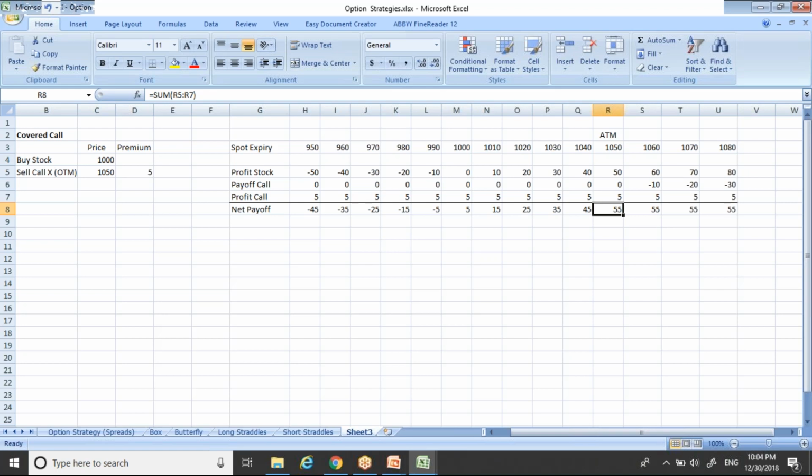So when you sell the call at 1050, price remains below 1050, your call gives you profit because you're selling at 1050. The call buyer will only come when the price will go to 1050, 1060, 1070. Call buyer will not exercise its option when the price is below 1050.